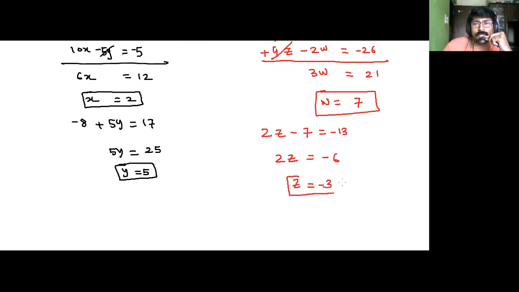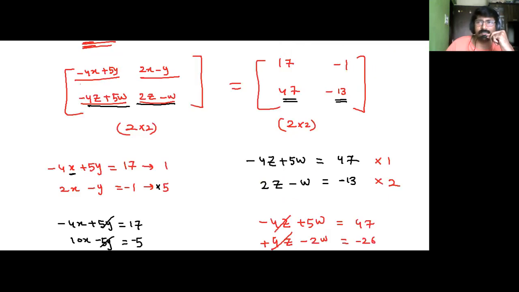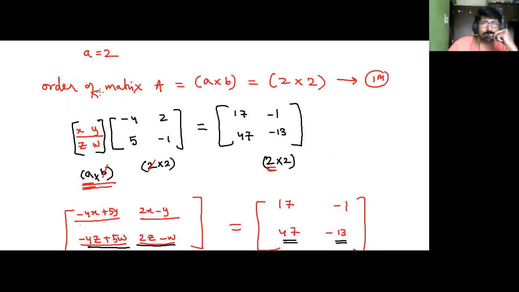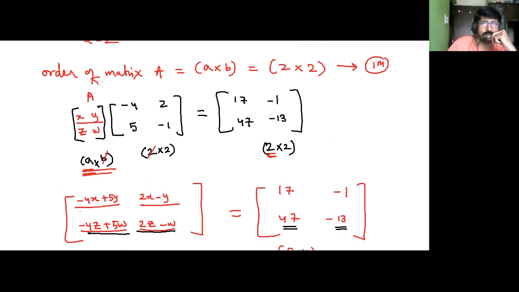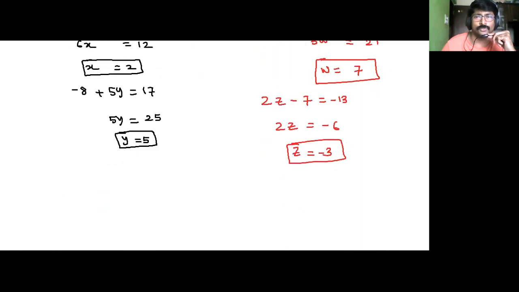I hope you understood how I got these x, y, z, w values, isn't it? Now, what was matrix A? If you see a little up, this was matrix A. I'm just copy pasting it. Matrix A is like this, isn't it? Control C, and I'll just paste it over here down.